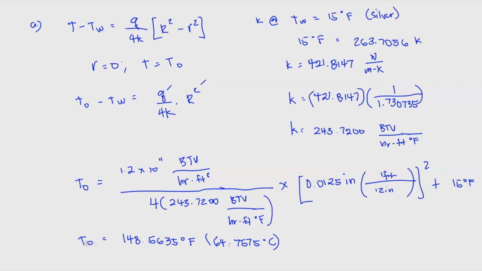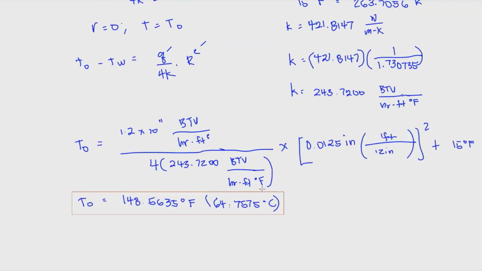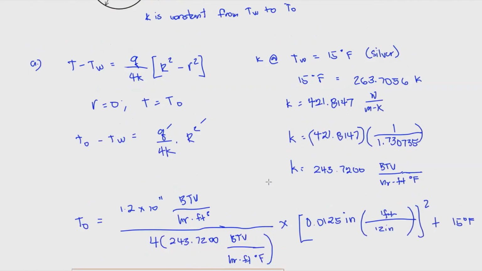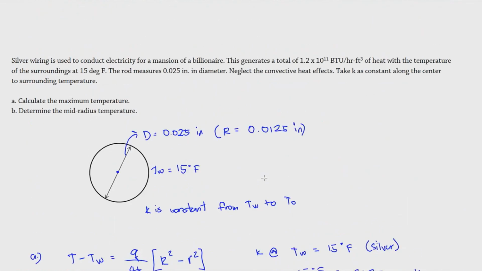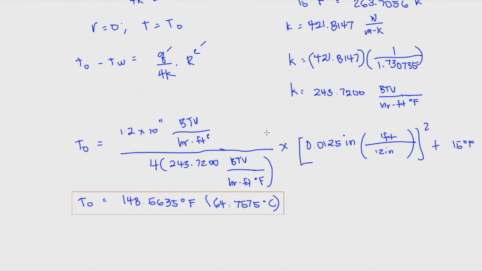It's easier for us to get an idea of how hot an object is in terms of Celsius or Kelvin. So that is 64.7575 degrees Celsius.